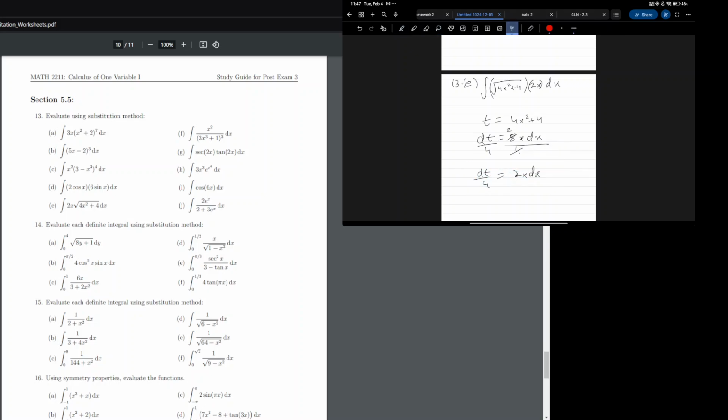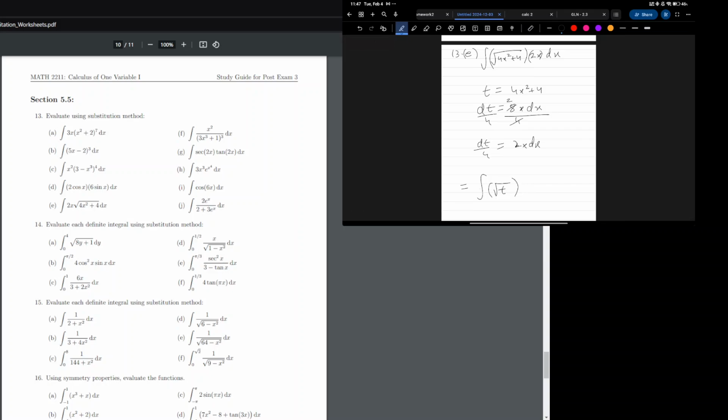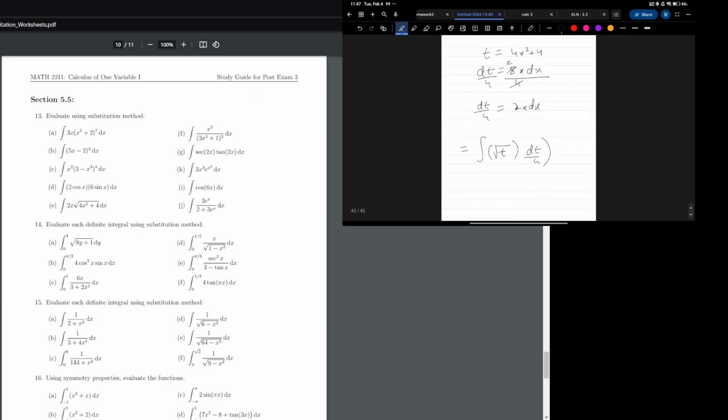And now I have specifically this that I can replace, and I have this that I can replace. So I would get the integral of t root t, and 2x dx became dt over 4. What was my next step after substitution, or my next suggestion?